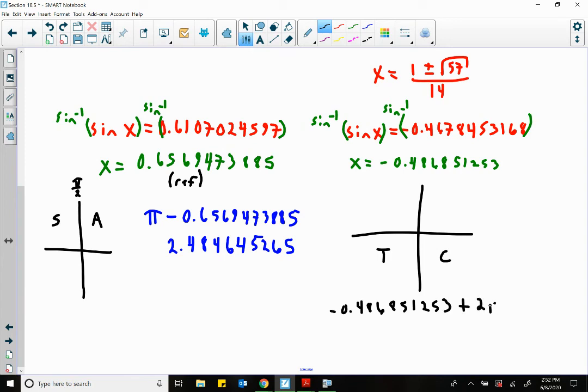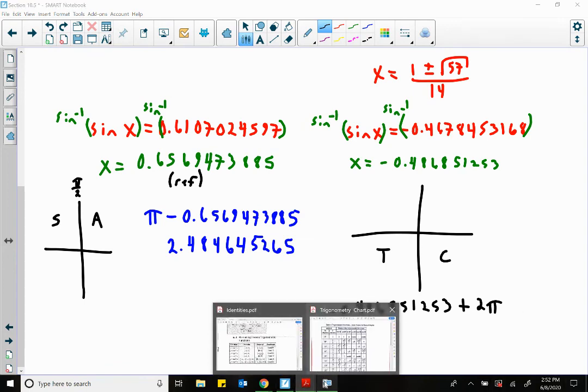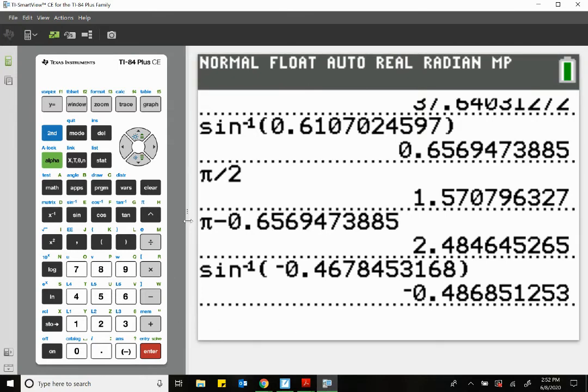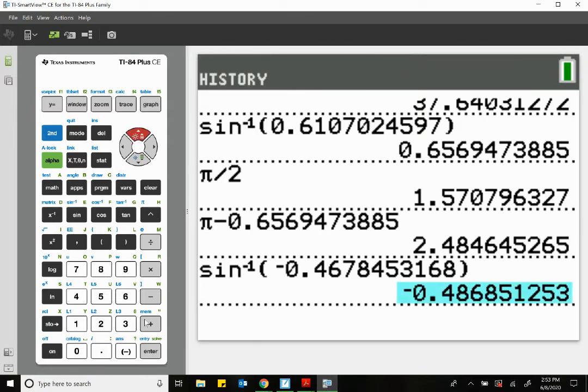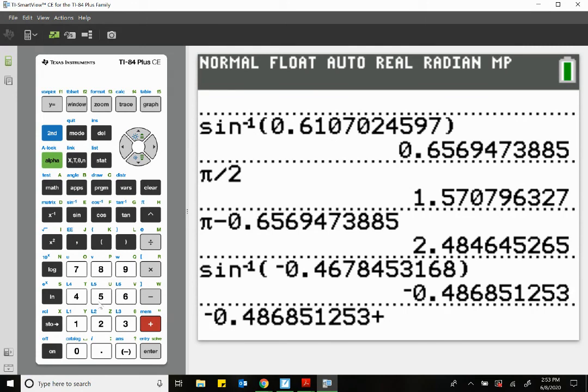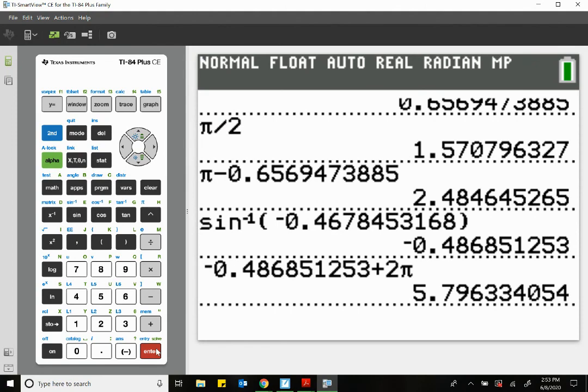We're going to go coterminal. So our quadrant 4 angle will be taking that number right there, adding 2 pi. There's our quadrant 4 angle.